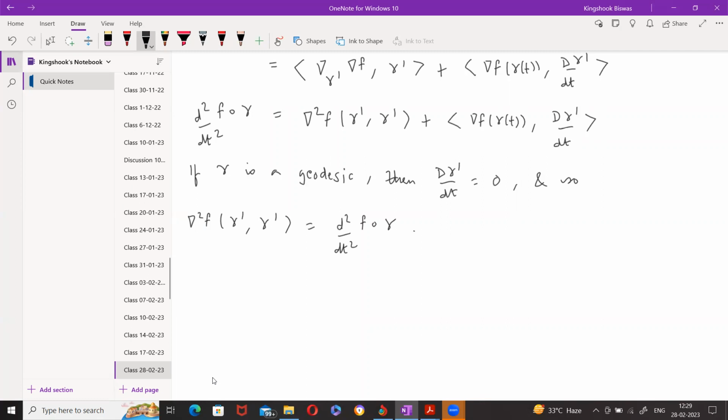Okay. So notice the Hessian is a symmetric bilinear form. Therefore, by the polarization identity, it is determined by its values along the diagonal, right? Acting on pairs of vectors v comma v, right? So this determines the Hessian, and the Hessian along the diagonal is just the second derivative of the function along the geodesic. Is it clear?